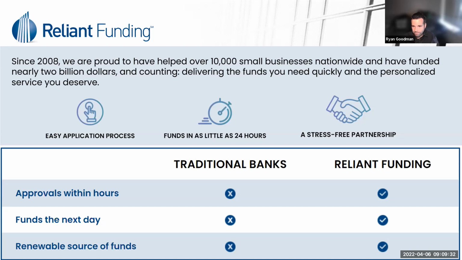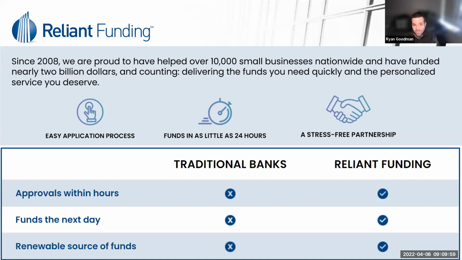We've built a great reputation over the years as a leading provider of alternative funding for small business. Through our online, affiliate, and strategic partnerships, it's highly likely that if you go to Google and type in small business loan or small business financing, you're going to come across and hopefully interface with Reliant Funding.